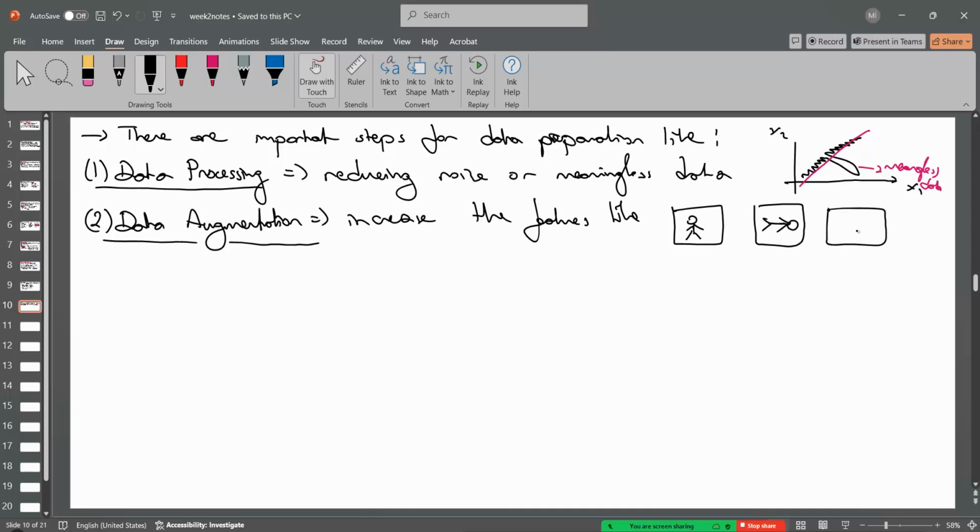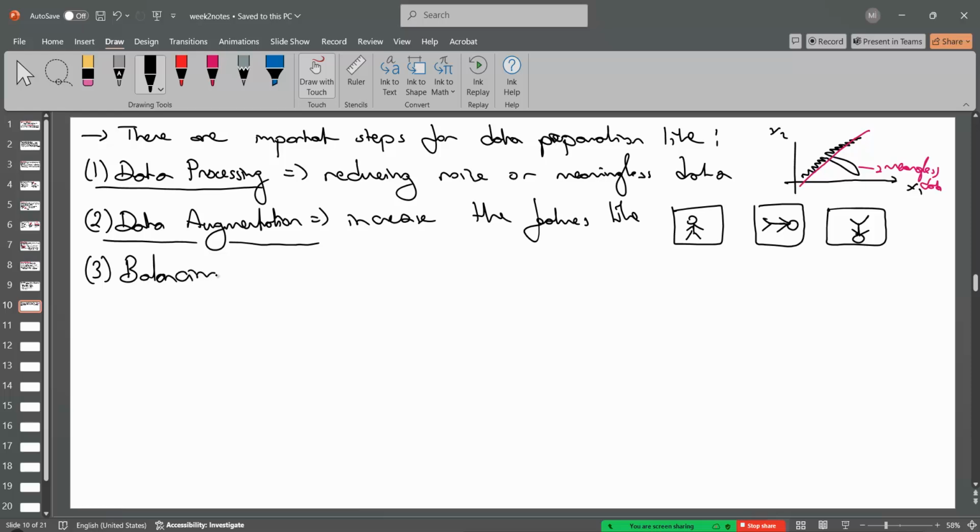Or we can rotate the human like this one, and so we can feed these three inputs based on the one real one to our ML algorithms in order to augment our data sets.